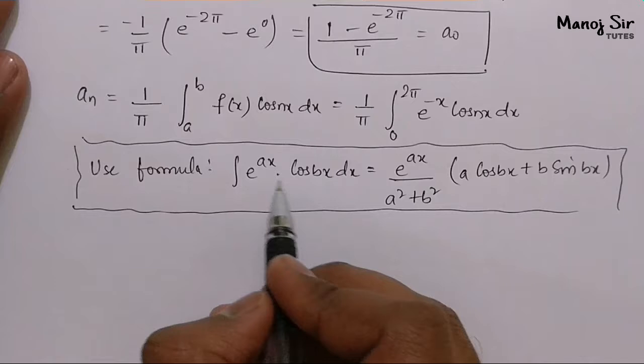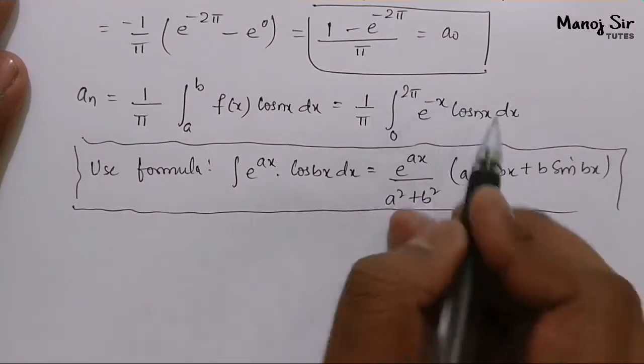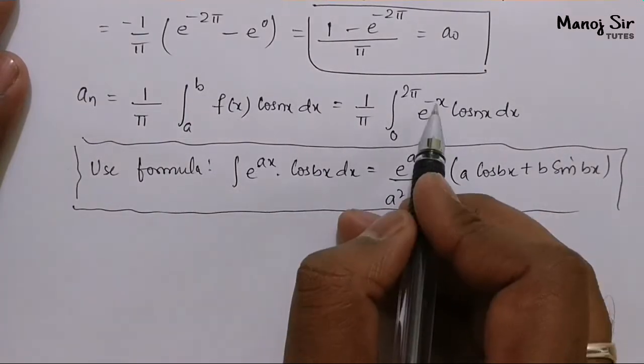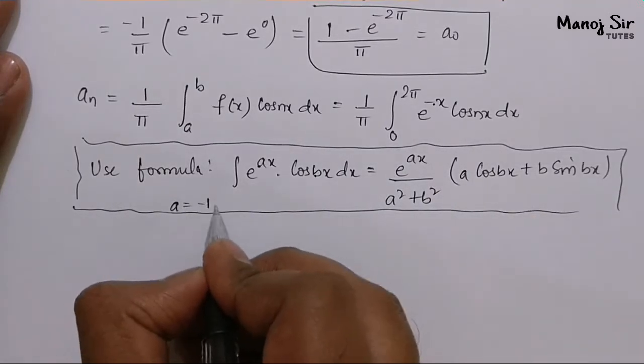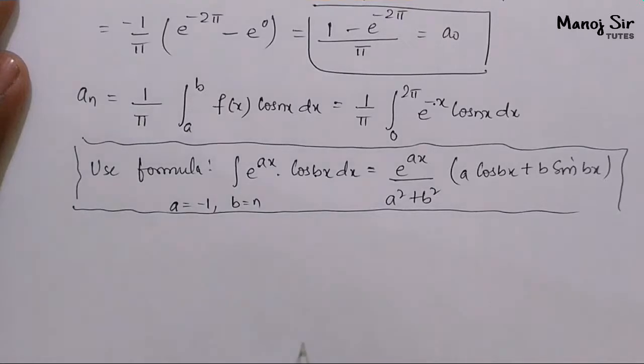If you compare this, you will have a equals minus 1 and b equals n.